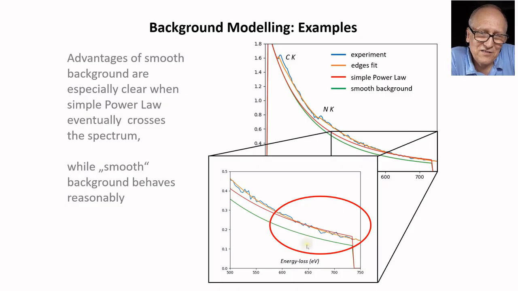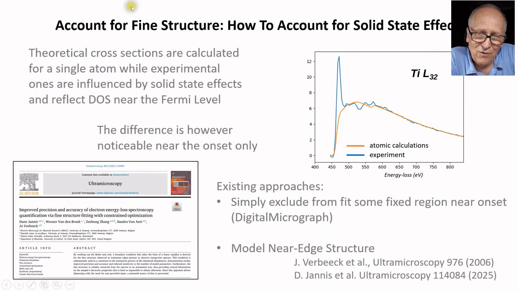So let's come to the third part, accounting for near-edge structure, ELNES. It also makes a lot of trouble in quantification. You know, even if your background modeling is perfect, there would still be deviations between experiment and theoretical calculations.